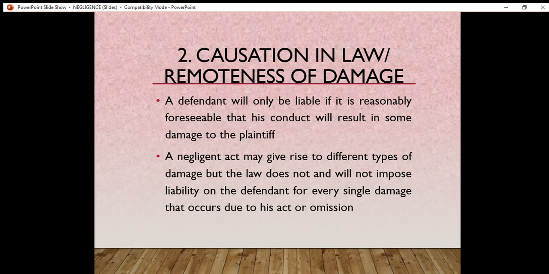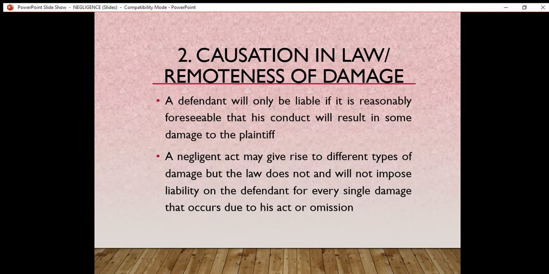A negligent act may give rise to different types of damage, but the law does not and will not impose liability on the defendant for every single damage that occurs due to his act or omission. So the most important thing here is whether the defendant foresees that the damage will happen.